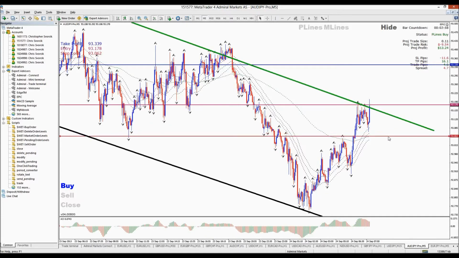Put the stop loss at 93.05. Treat this as a breakout trade. And I'll be trigger happy, as Tarantulas says, and go for the initial breakout here.